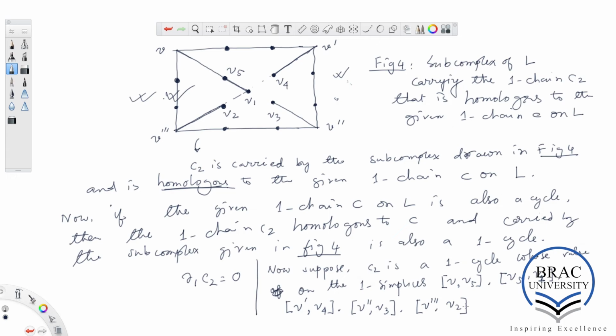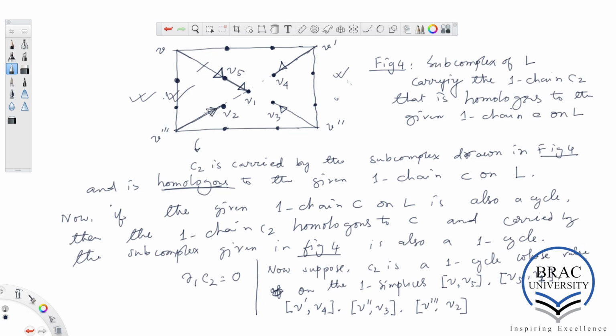So if you want to put the orientation here, from V5 to V1, from V prime to V4, from V double prime to V3, and finally from V triple prime to V2.